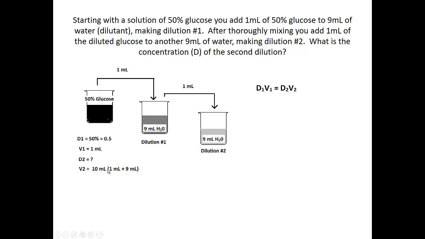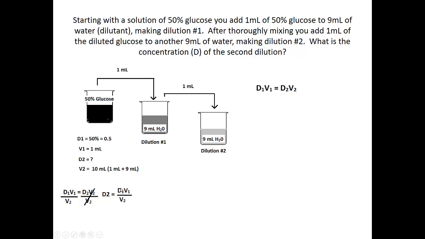What we don't know, what we need to figure out, is the actual concentration of this first dilution. What is the D2? How dilute does that become? So we're solving for D2 in this case. Just like before, we're going to rearrange the equation. We're going to remove V2 by dividing the right side of the equation by V2, and then dividing the left side by V2. Then we flip it around so that D2 is on the left and the other variables are on the right.